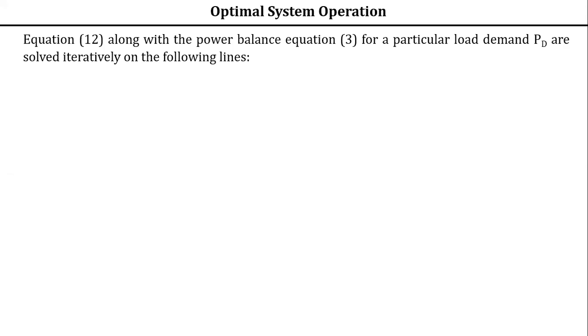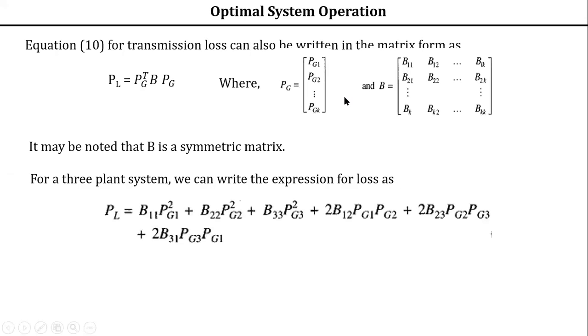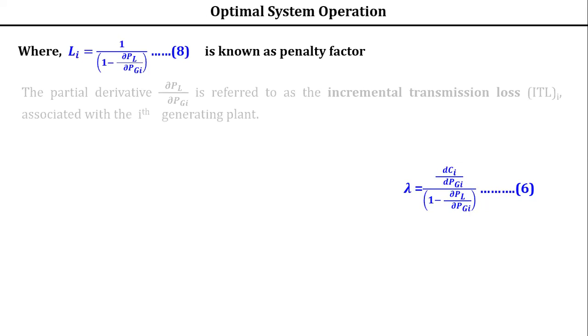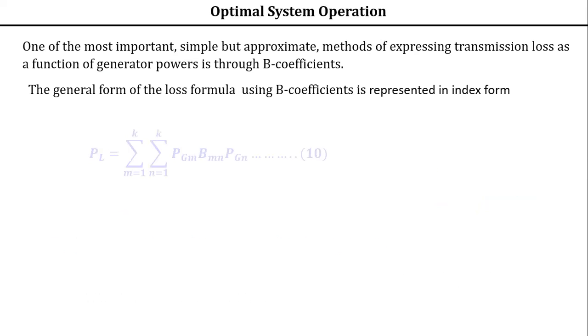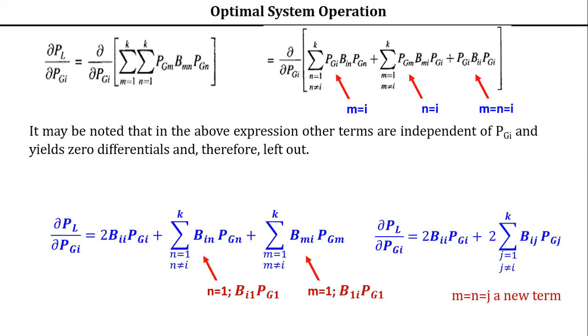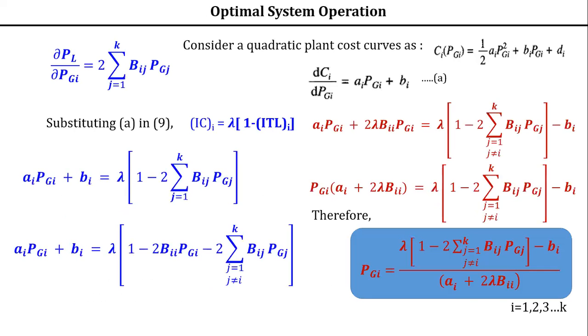I will show you the final equation with transmission loss which we have derived. This one is your equation 12. We have not numbered it, so you can number this one as equation 12.